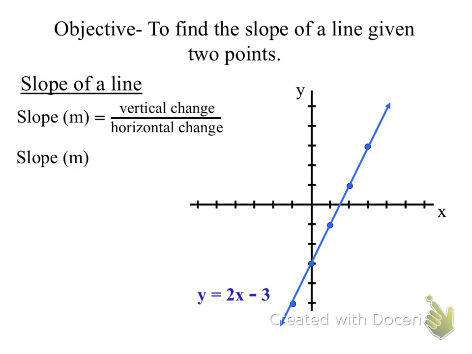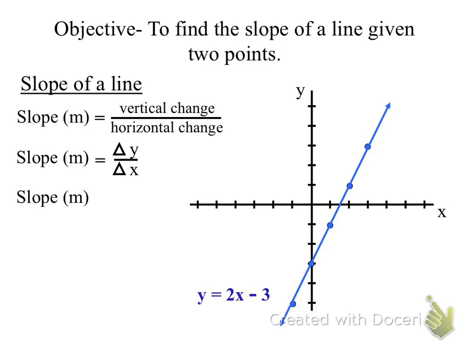We use the variable m for slope. I think it stands for some French word meaning mountain. See this little triangle here? This is the change in y over the change in x.